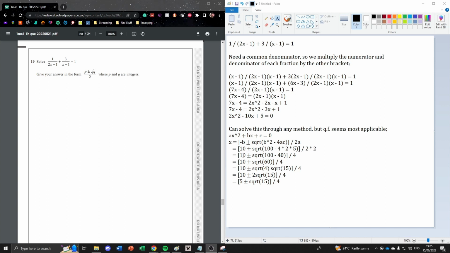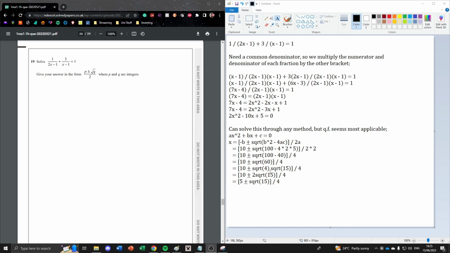Simplifying this a little bit, we have 10 plus or minus the square root of 100 minus 4 times 2 times 5. 4 times 5 obviously is 20, times 2 is 40, so 100 minus 40, all divided by 2 times 2, 4. So we have 10 plus or minus the square root of 60, 100 minus 40, divided by 4.